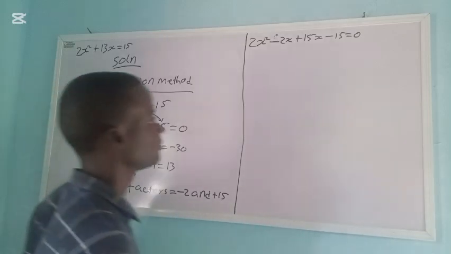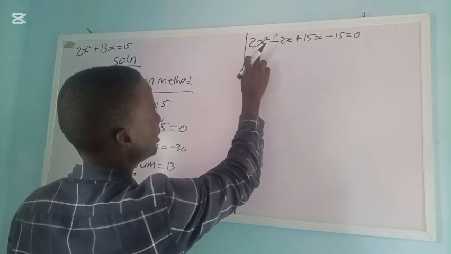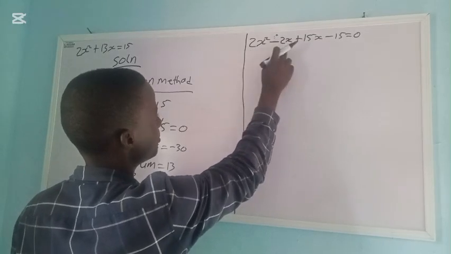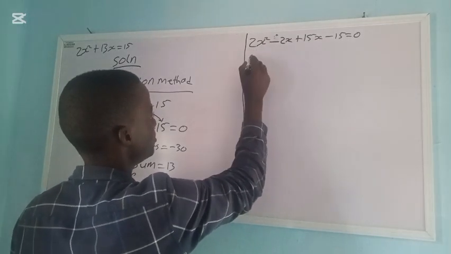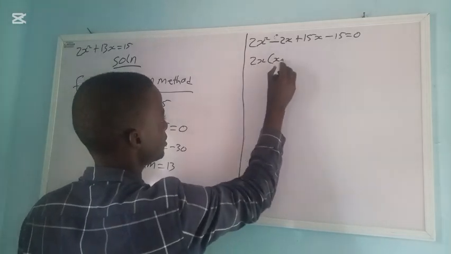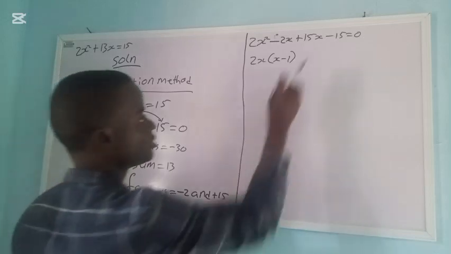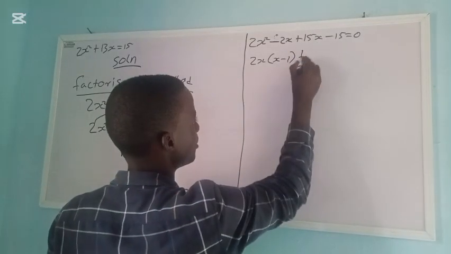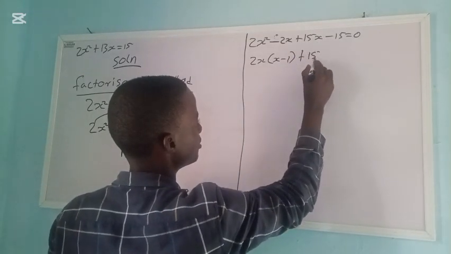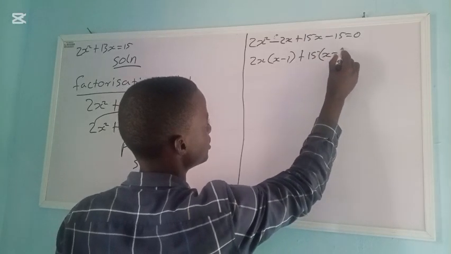Now let's find what is common here. x is common, and 2. So let's bring out 2x and leave this one inside. Then let's look at this one too. Which one is common? We have plus 15. Plus 15 is common. Then leave this one inside.